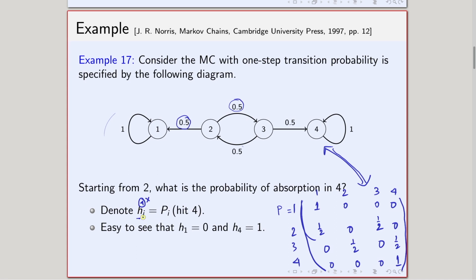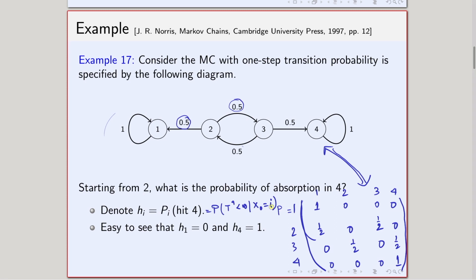I use H_i to be the probability that I hit 4, that is, the probability that T4 is less than infinity when I start from some state i.